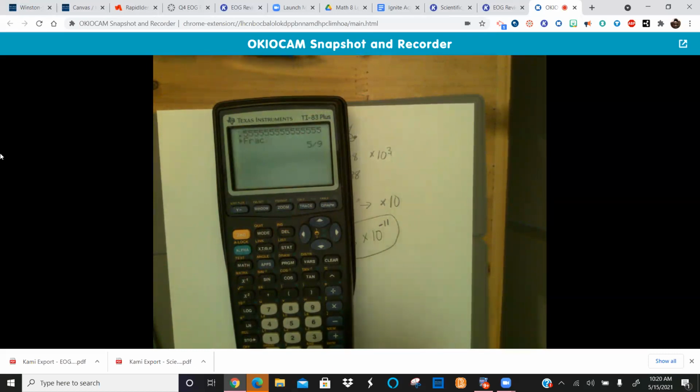But if you only do it a couple times, 0.555, and then you do the math button, enter, it's not going to give you the right answer because it doesn't recognize it as being repeated.